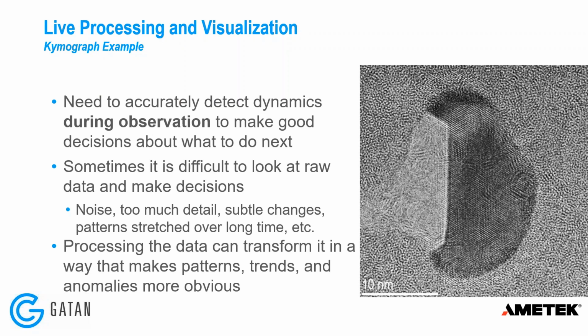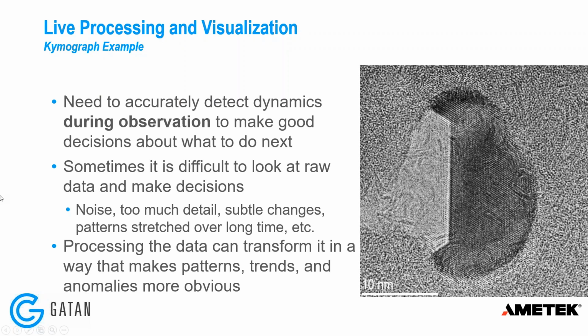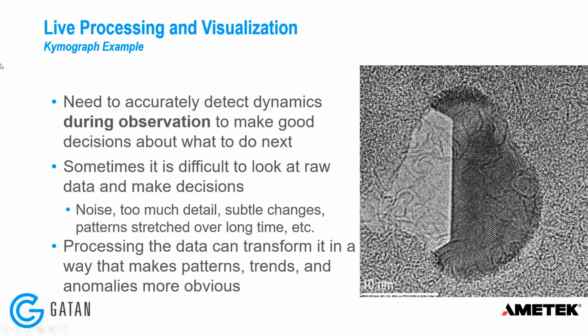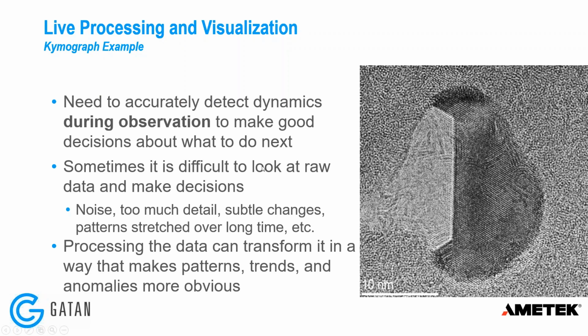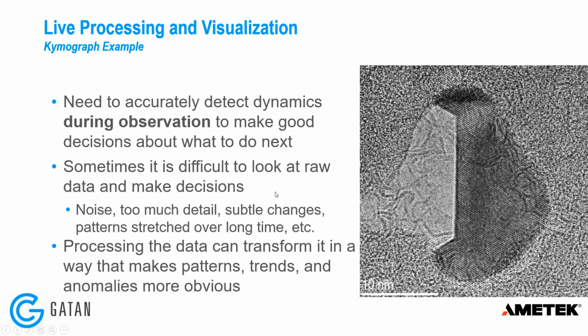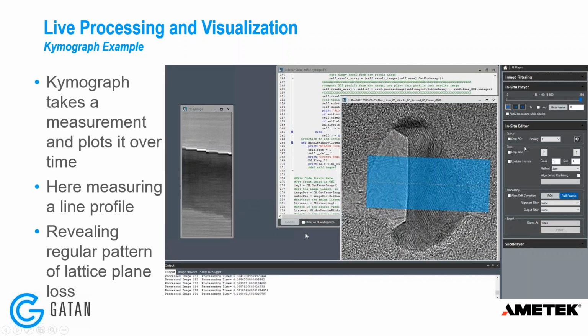So in this video, we saw lattice planes that are disappearing from this ruthenium nanoparticle. But I'm going to produce what I call a chymograph, and that takes some measurement and plots it over time. So here I'm going to measure a line profile along this direction with a width that's indicated here by this blue box.